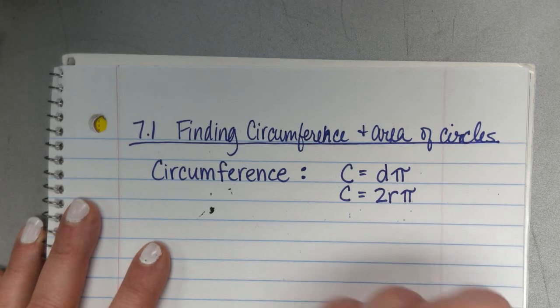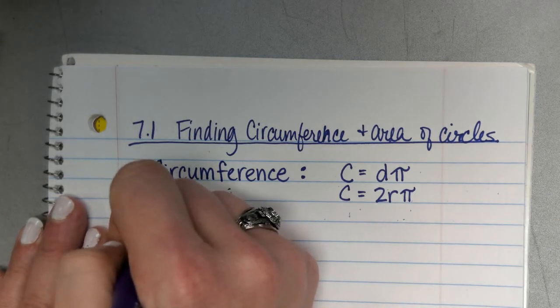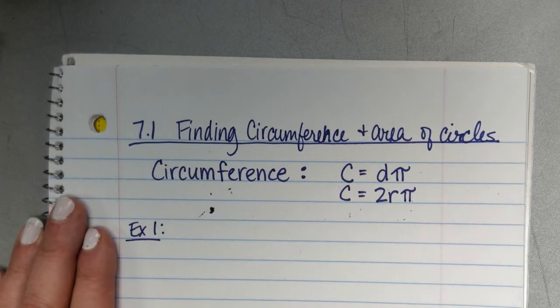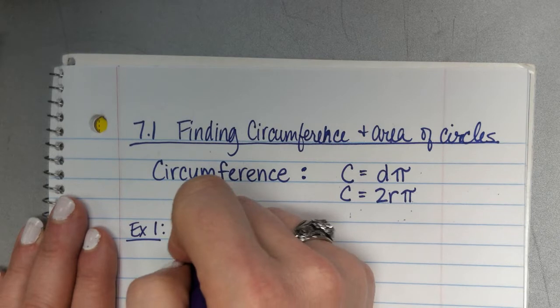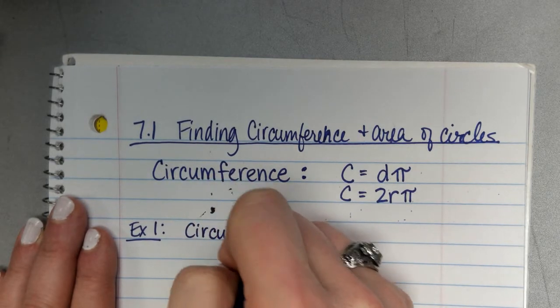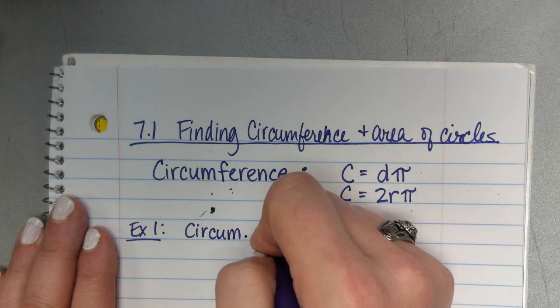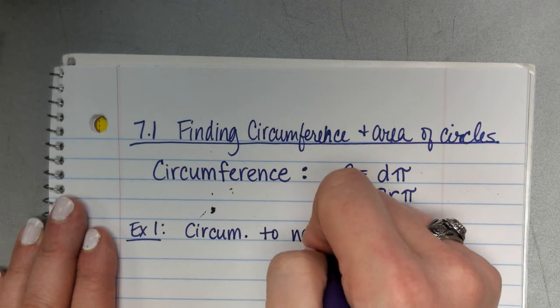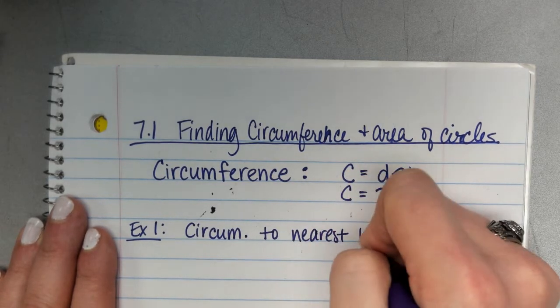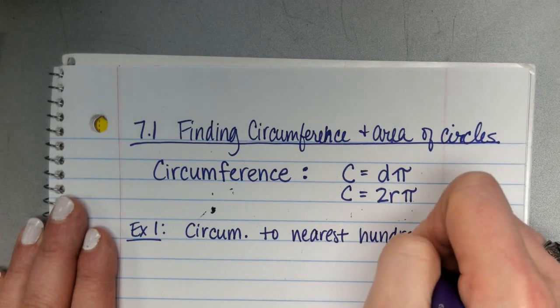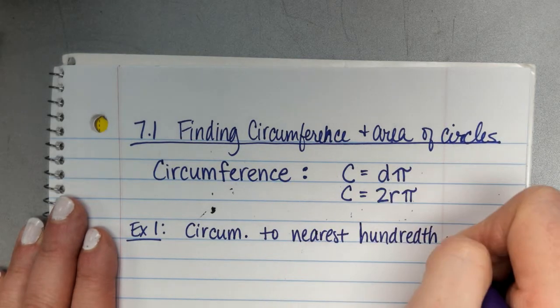Okay? So let's do example number 1. We're going to find the circumference, and I'm just going to abbreviate this, circumference to the nearest hundredth. Okay?